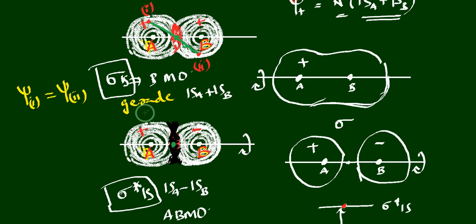Actually, it is a German word. The R is silent here, so we have to read it like gerade. It means straight or same. It means psi 1 is equal to psi 2, and you can perform this operation with n number of points in these molecular orbitals everywhere.